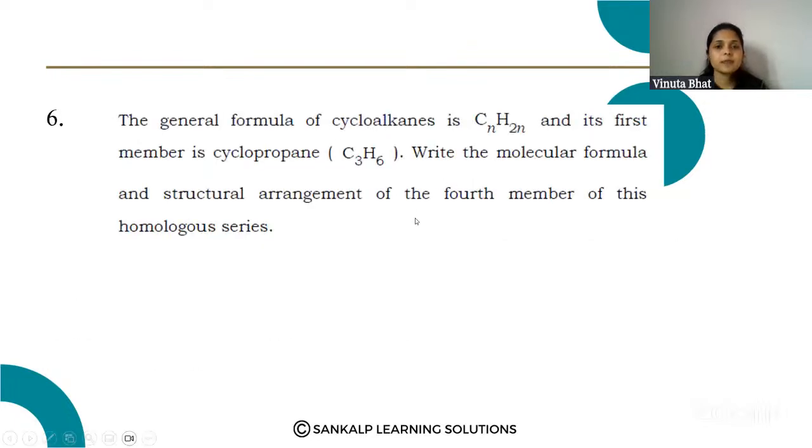Next question. The general formula of cycloalkane is CnH2n and its first member is cyclopropane, that is C3H6. Write the molecular formula and structural arrangement of the fourth member of this homologous series. The fourth member of the series CnH2n is C4H8.